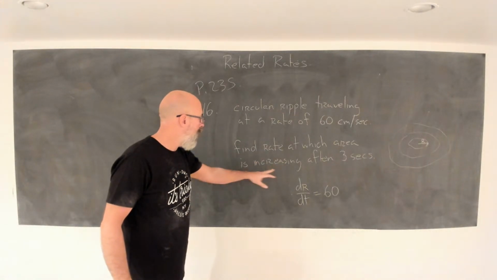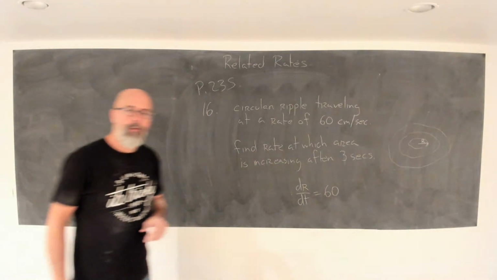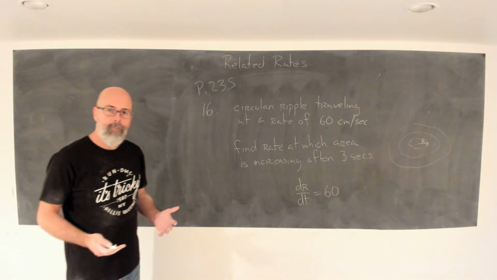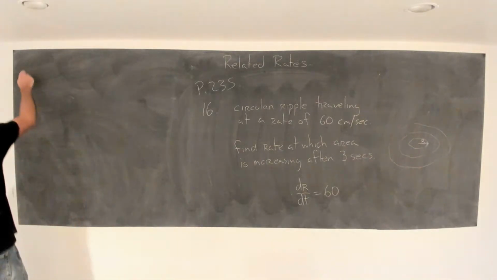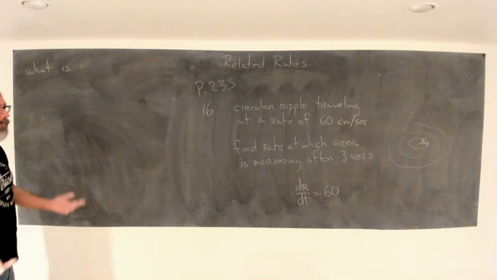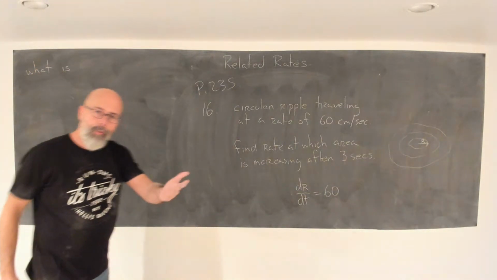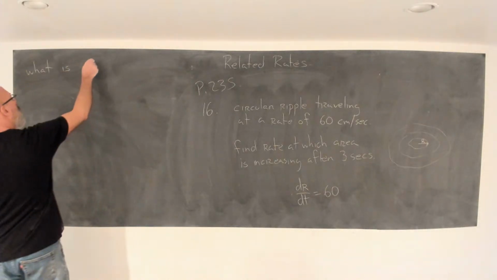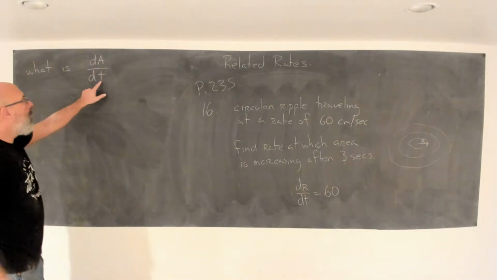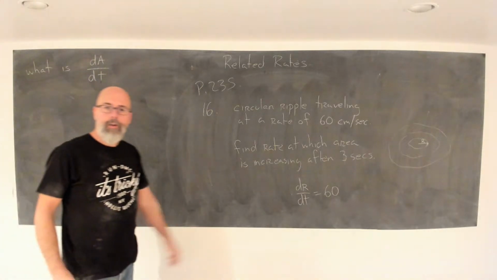The rate at which the area is increasing. So the rate of change of the area. What is the rate of change of the area? And you know the rate of change is the derivative. So what is the derivative of the area with respect to t?